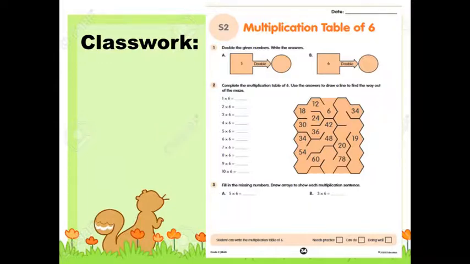You will have the maze of our multiplication table of 6 on the right side. You need to connect using lines so that you come out the correct way of the maze. In number 3, you need to fill in the missing number by drawing an array to show each multiplication sentence.